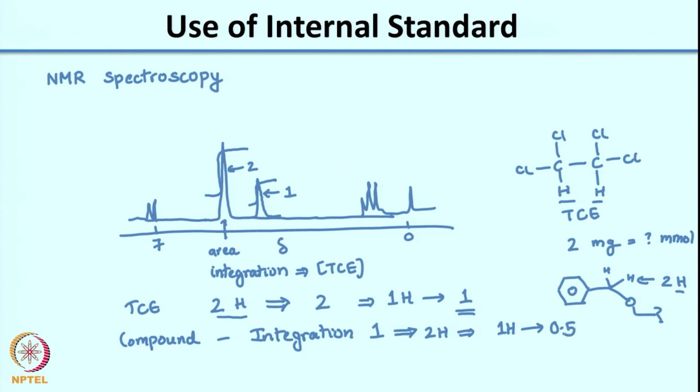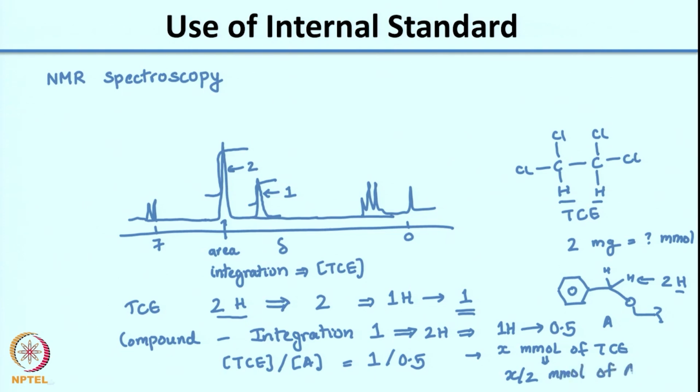So if I take the ratio of TCE to compound, let us call this A, it would be 1 divided by 0.5. So what that means is if I have put x millimoles of TCE, it implies I have x by 2 millimoles of A.